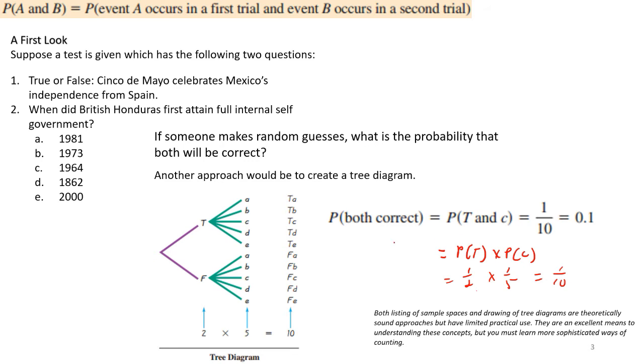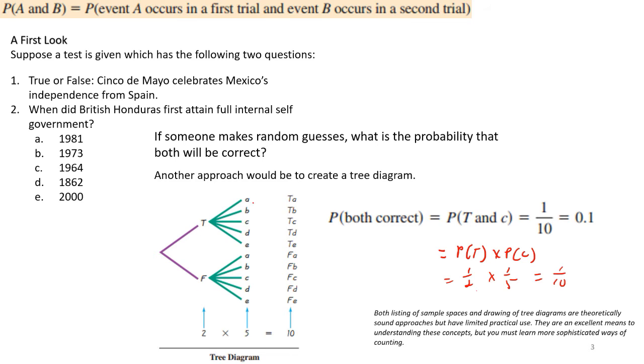And so when we want to find the probability of A and B, it's the probability of A times the probability of B, assuming that B is in no way dependent on what occurred in A. So the act of picking one of these is in no way affected by whether or not you pick true or false.